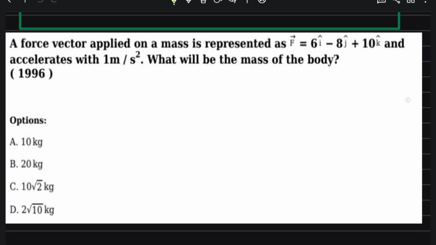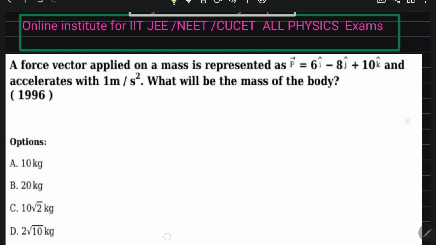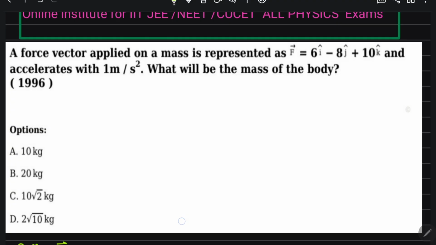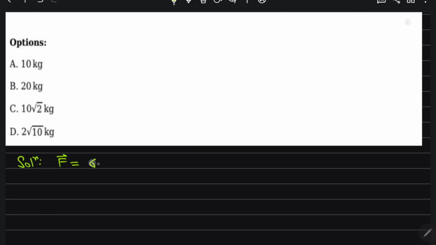A force vector applied on a mass is represented by this, and acceleration is 1 meter per second square. What will be the mass of the body? So in this question, they have given you the force vector, that is 6i cap minus 8j cap plus 10k cap, and mass is 1 kg.